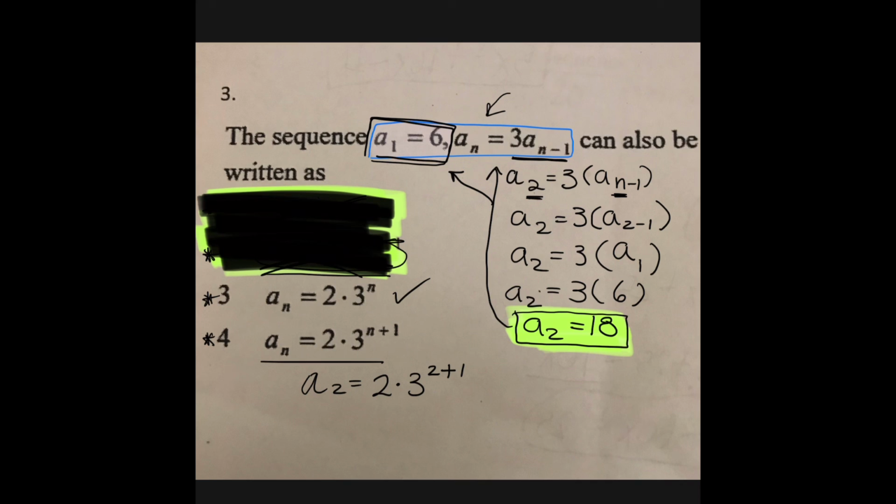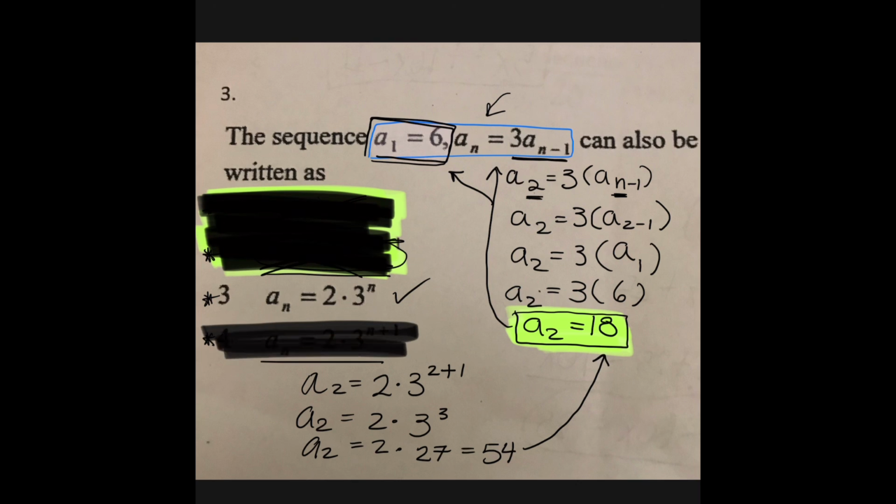So 2 plus 1 should equal 3. 3 to the third power times 2 is going to give us our a sub 2, our second term. 3 to the third power is 27. And 27 times 2 is equal to 54. 54 and 18 are not the same. So we know that this answer choice is also incorrect.